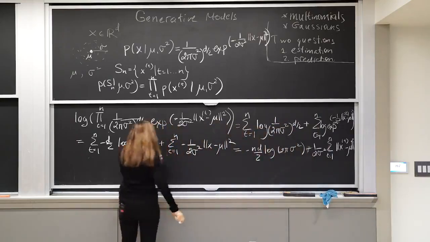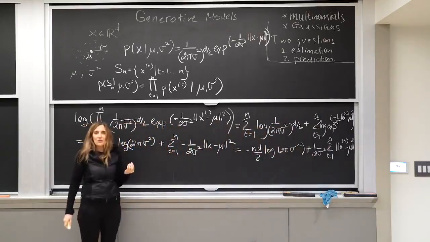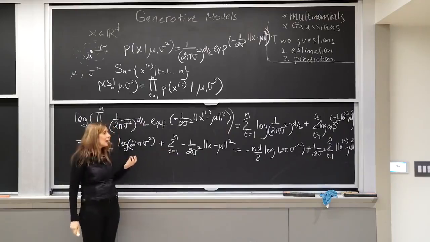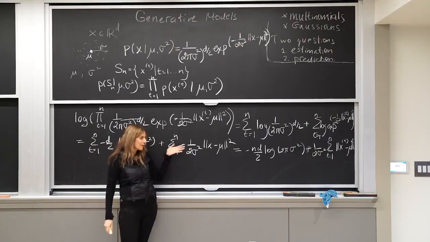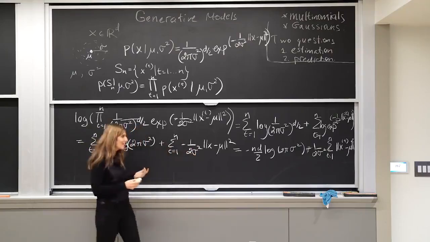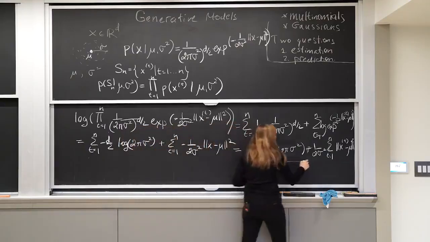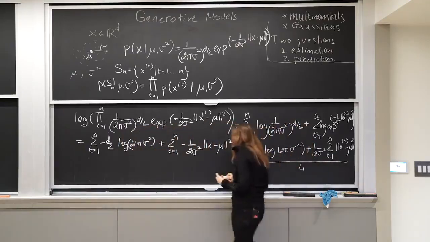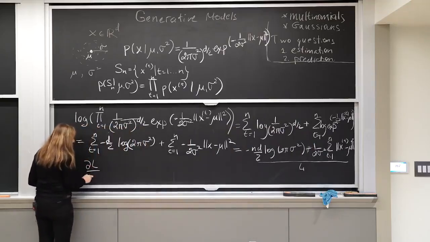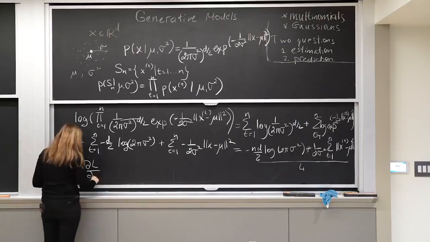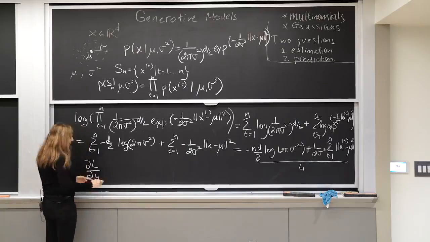Okay? Now we have this expression, and we are trying to find the sigma and mu that will give the highest value of this expression. And we are going to do exactly the same things that we've done in the past. Let's call this expression capital L. We are going to take dL, differentiate it with respect to mu and make it equal to 0.